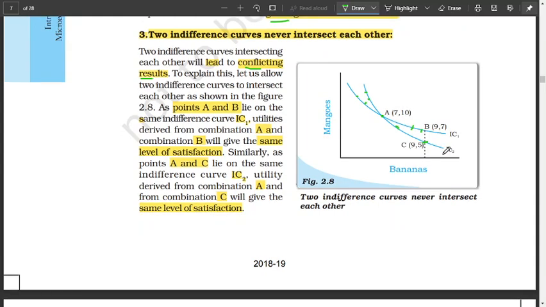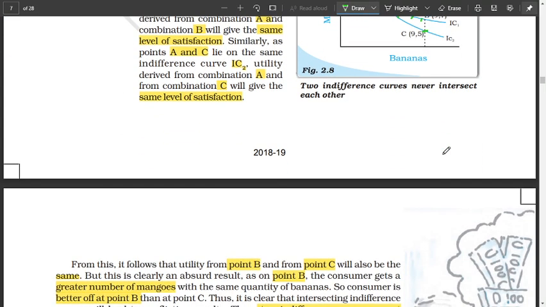But can it be possible? Because in that case B is higher than C, isn't it? In this case, B is higher than C, so you would prefer B over C. But then A and B are indifferent, it's the same. And A and C you are indifferent, it's the same indifference curve.